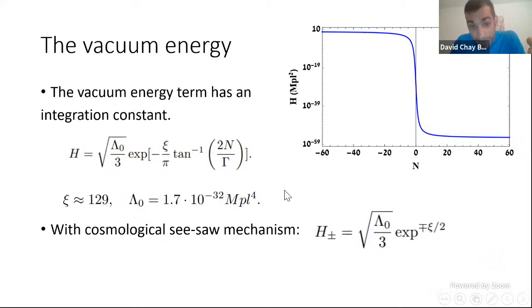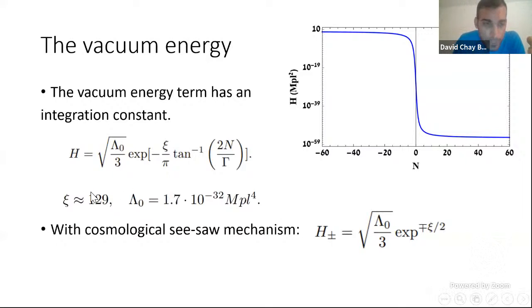So what is the nice idea here? We get what is called the cosmological seesaw mechanism. The seesaw mechanism, as you know, comes from neutrino physics: if you have one particle which is very large, the other particle can be very light. So in this case, one side of the potential has to be very large and the other side of the potential has to be very low, because of the exponential with plus sign and minus sign.